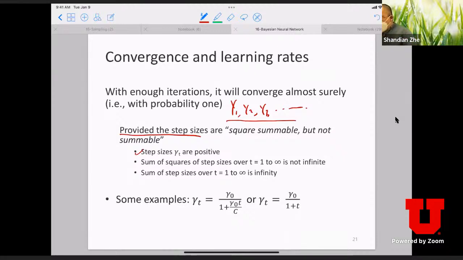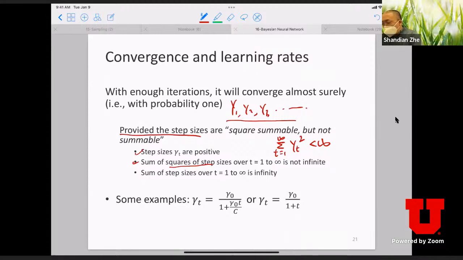And secondly, this is about square summable. Square summable basically means the sum of the squares of the step sizes over t from 1 to infinity is bounded. If I write it more formally, it should be something like that: the sum of gamma t squared is bounded.